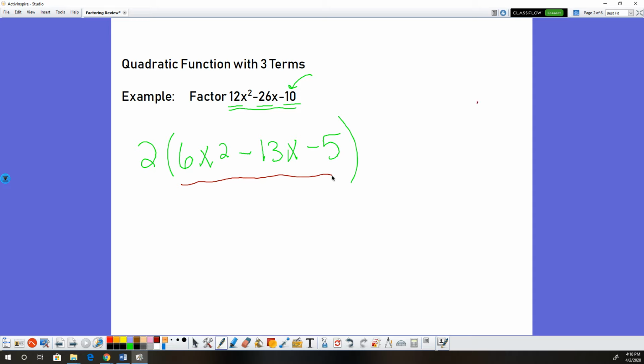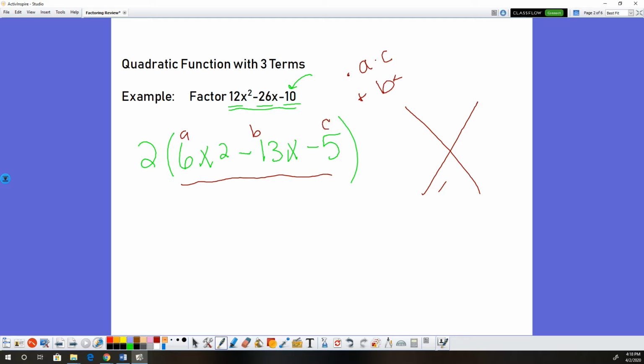I want 2 numbers that multiply to a times c and add to b. Remember, your 6 is your a, your negative 13 is your b, and your negative 5 is your c.